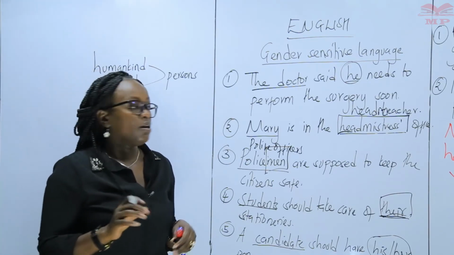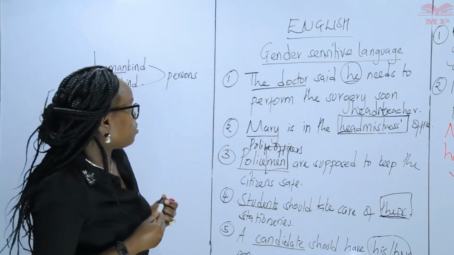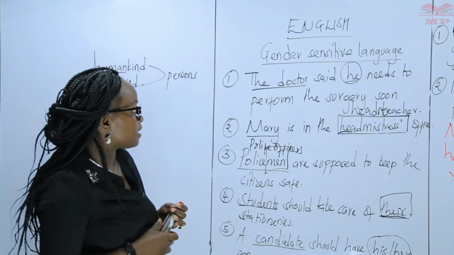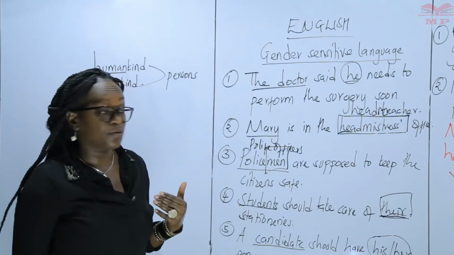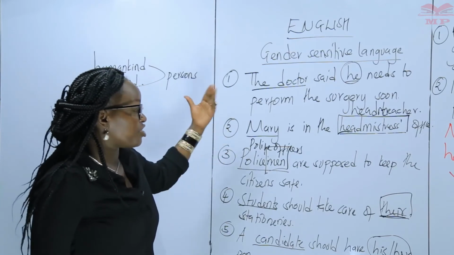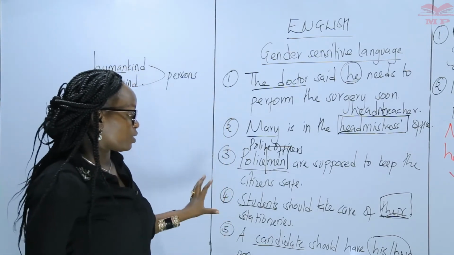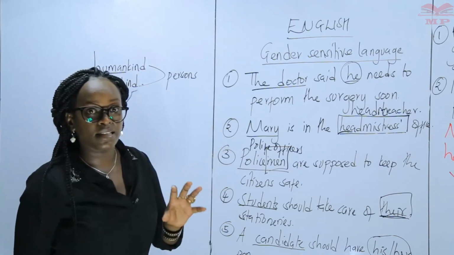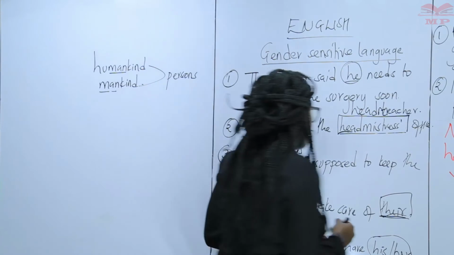to their gender. So with that in mind, I'm just going to do a brief summary of what we've discussed. I gave you sentences here to try and see for yourself whether the sentences are gender sensitive or not. We've gone through the sentences and we've corrected and marked the ones that are gender sensitive and the ones that are gender insensitive.